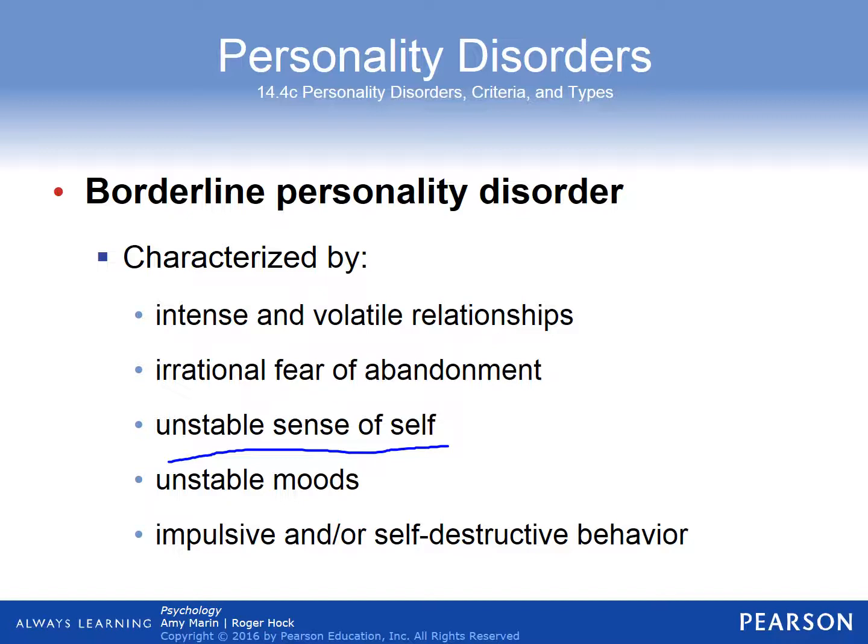Their moods are very unstable. They can often be very impulsive, very self-destructive. So it's sort of the typical worst case scenario where they have all of this instability in themselves, and that leads them to these behaviors that they get into trouble, and they self-destruct.